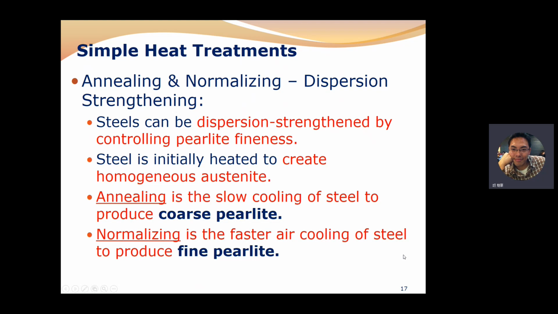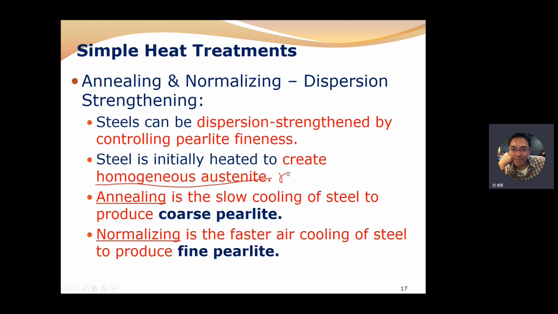Steel is initially heated to create homogeneous austenite. Annealing is the slow cooling of steel from the austenite to produce coarse pearlite.